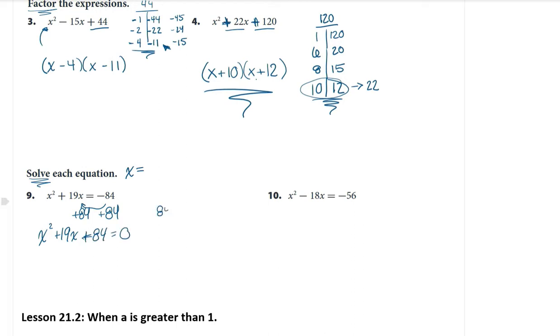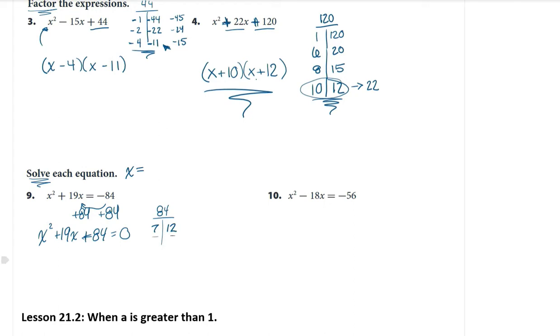So now we would start listing our factors of 84, and you can, again, start with 1 and 84 and list them all if you want, or you can kind of do some thinking about it, and we're trying to get 19, which would be 7 and 12.